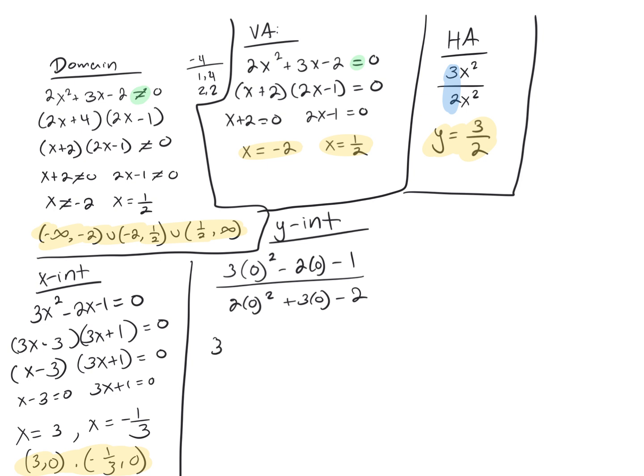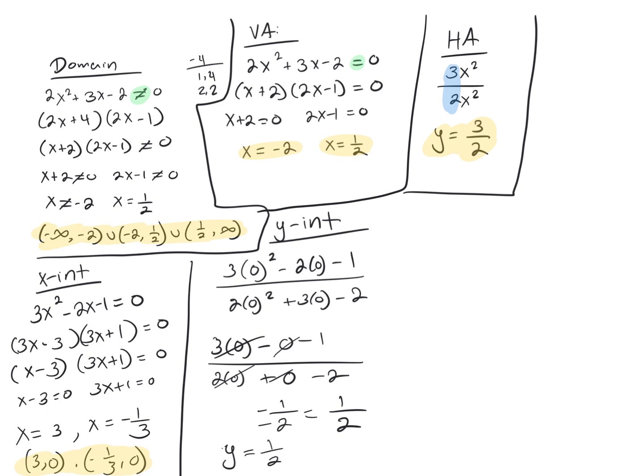This is going to be 3 times 0 minus 0 minus 1, over 2 times 0 plus 0 minus 2. Obviously, all of the zeros we can't add to it, so we're left with negative 1 over negative 2. That can be simplified to positive 1/2. So our y-intercept is at y is equal to 1/2, which you need to write as an ordered pair, so it's going to be 0, comma, 1/2, the final solution.